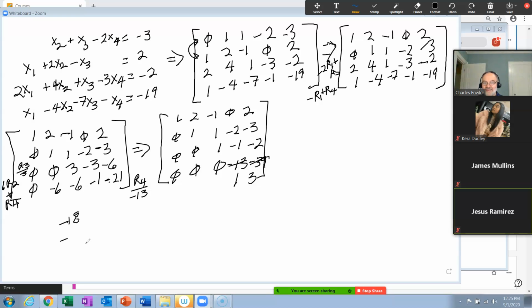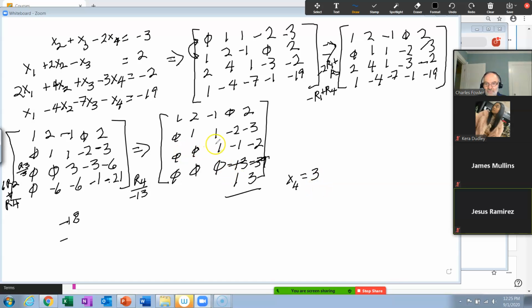So that basically right there tells you, remember, the first column represents x1s, second column x2s, third column x3, fourth column x4, and the fifth column are your constants. So what this is saying, 1x4 is equal to 3. So that tells you x4 is equal to 3.